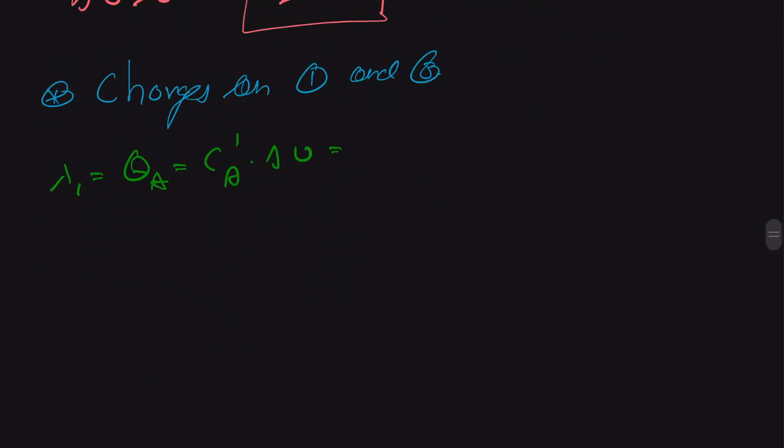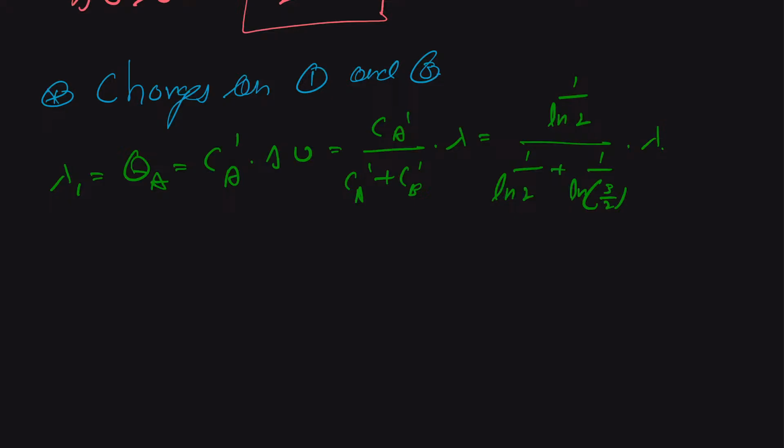So we substitute it, we get this as our CA prime divided by CA prime plus CB prime times lambda. Okay. And we already know that our CA prime as well as CB prime. So we get this as 1 upon natural log of 2, 1 upon natural log of 2 plus 1 upon natural log of 3 by 2 times lambda.